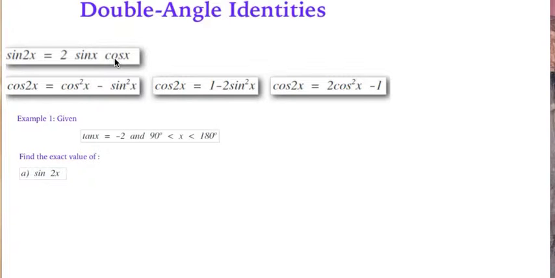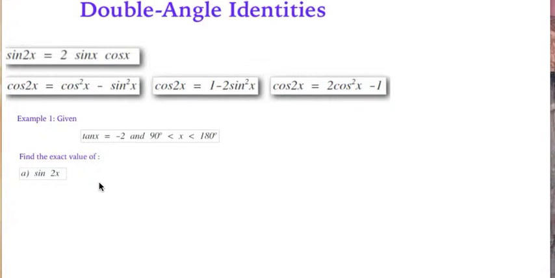Okay. Now, I need to calculate sine x and cosine x to be able to use this. From the value of tangent, I can find the value of cosine. There is a relation between tangent and cosine in the form of a relation between tangent and secant.